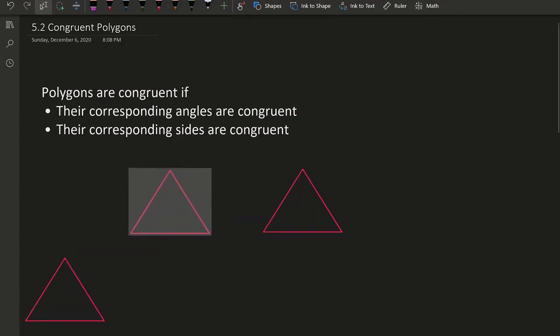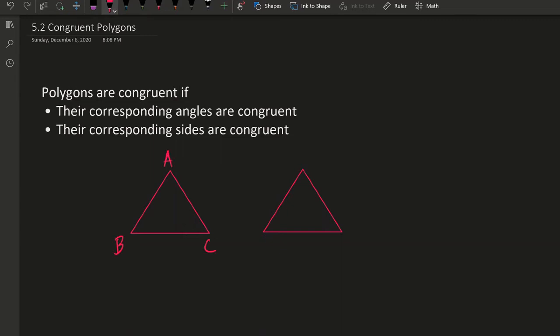So I know for a fact that those two are congruent. I would say I've got triangle ABC and triangle DEF.